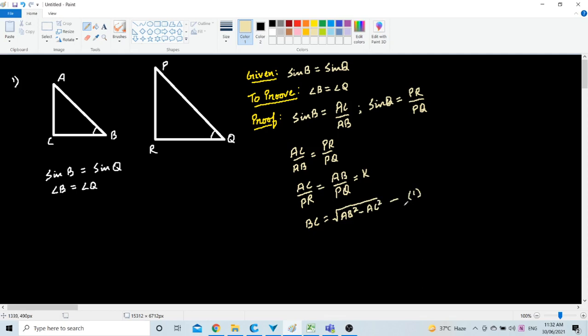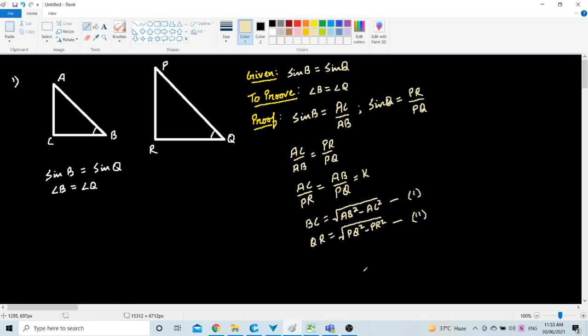And in the same way, this QR can be written as under root of PQ square minus PR square. Consider it as equation number second.